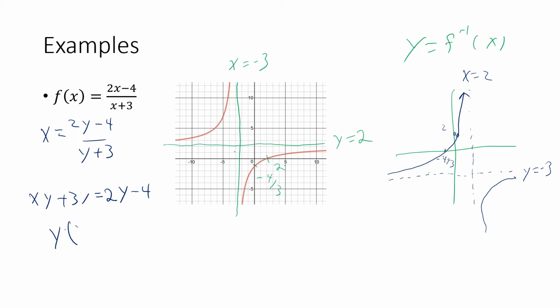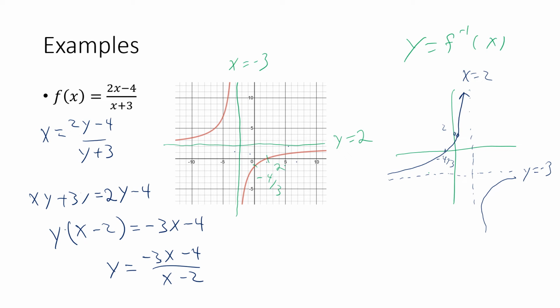So I have y times x, and then y times minus 2, and that should equal, move the 3x to the other side of the equation, minus 3x minus 4. So y should equal minus 3x minus 4 over x minus 2.